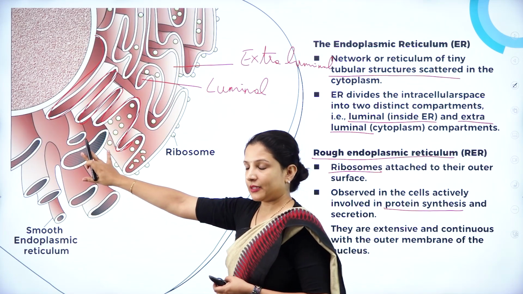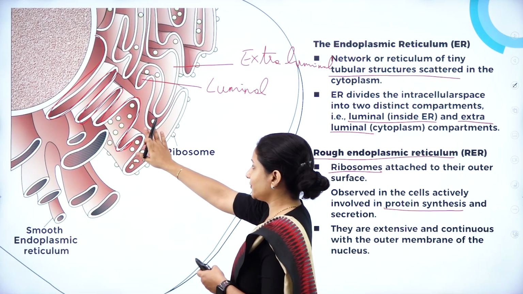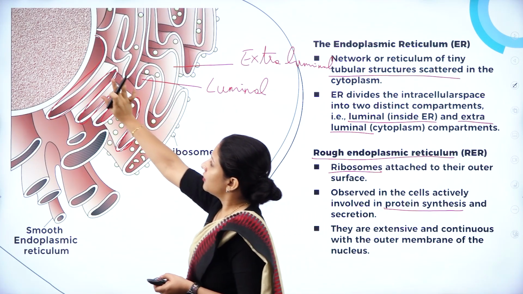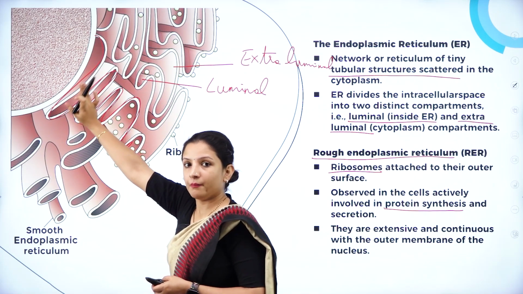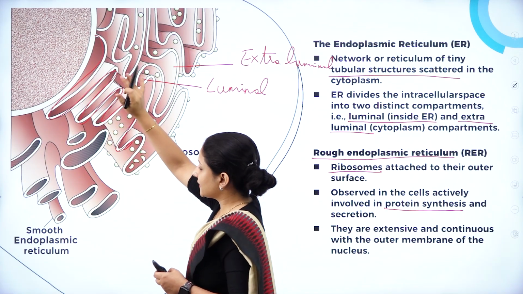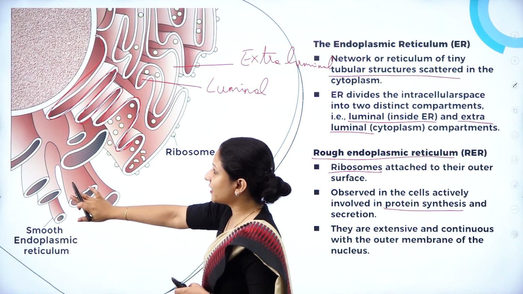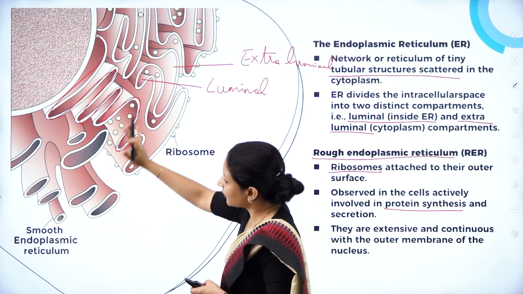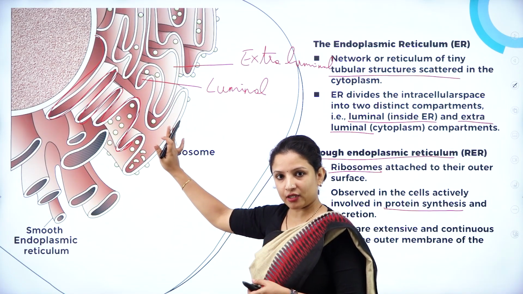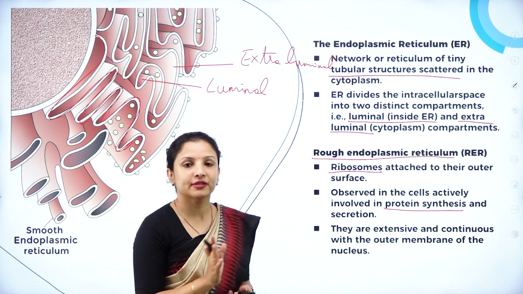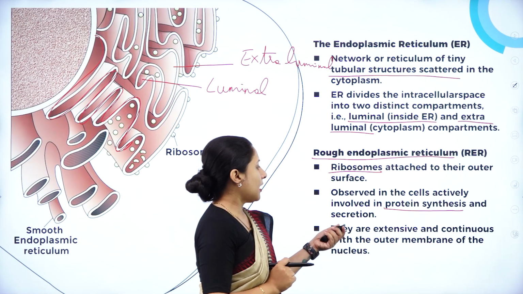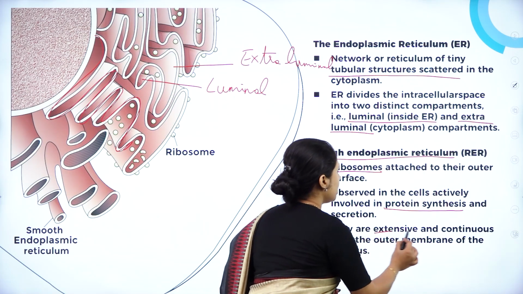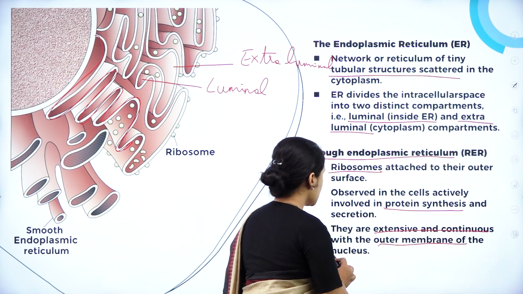So always remember, the rough endoplasmic reticulum, which has the ribosomes on it, forms a continuity with the membrane of the nucleus, but the smooth endoplasmic reticulum doesn't form a continuity with the nuclear membrane; it is a continuity of the rough endoplasmic reticulum, and they lack the ribosomes. That is the only difference between them. And as I told you, rough endoplasmic reticulum is extensive and continues with the outer membrane of the nucleus.